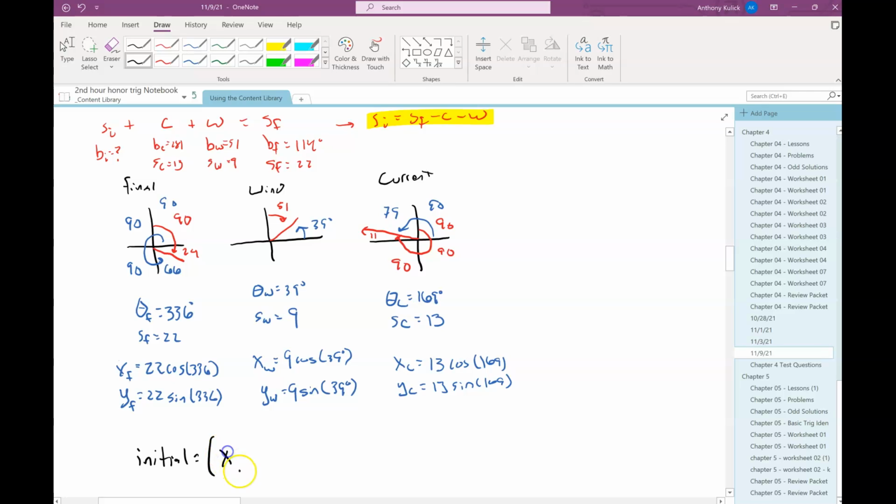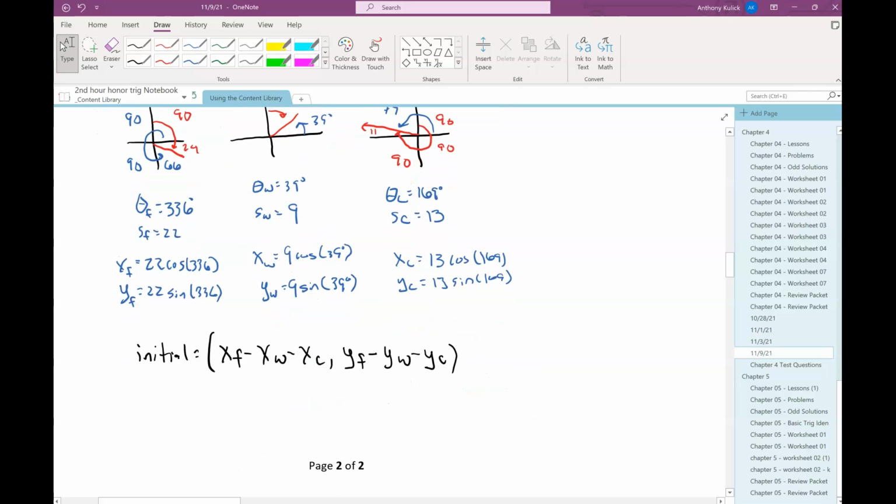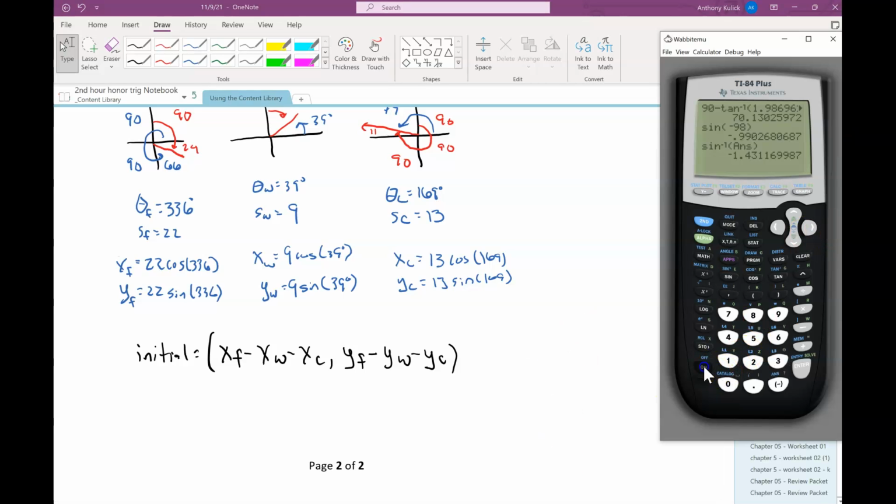So to find the initial position, then, we're going to take the x parts and subtract them, and take the y parts and subtract them, just as we described earlier, right? Okay, so this is all calculator time. Make sure we're in degree mode. So you can see already that this is a potentially nightmare test of switching your modes back and forth, right?